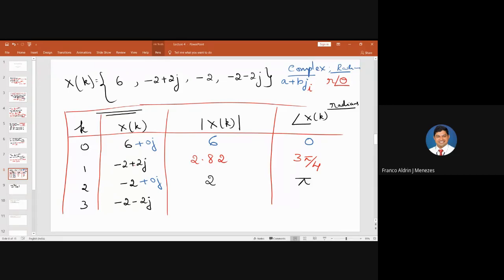That is why it is the complex conjugate. The imaginary term is having minus 2j. The real term is the same, minus 2 plus 2j for x of 1. For x of 3, it is minus 2 minus 2j. So I think the magnitude remains the same, 2.82, and angle will be minus 3 pi divided by 4. The conjugate of this particular angle, the inverse of this angle. So 3 pi by 4, it will be minus 3 pi by 4. Just check whether this is proper.